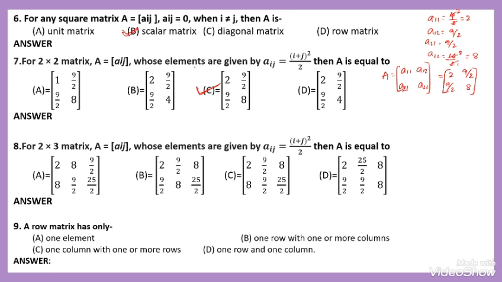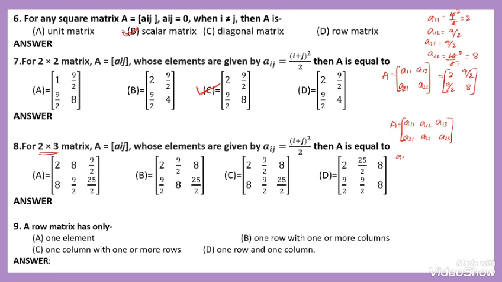Similarly for the 8th question. For a 2 cross 3 matrix, this will represent 2 rows, 3 columns. First I will take the general matrix, 2 rows: A11, A12, A13, A21, A22, A23. That is 2 rows, 3 columns.